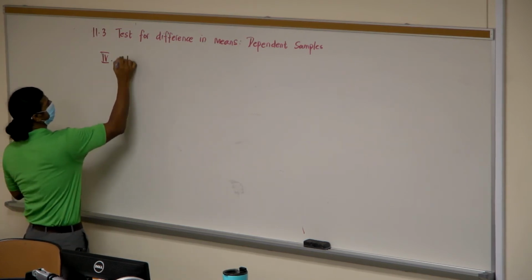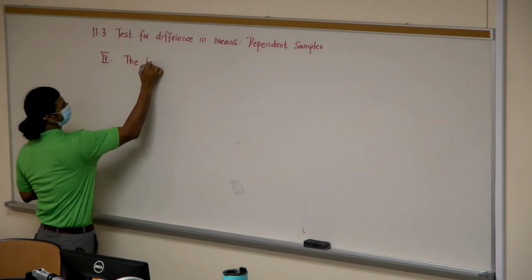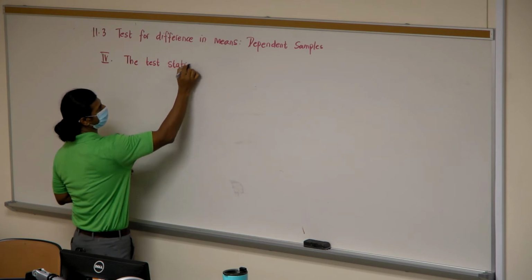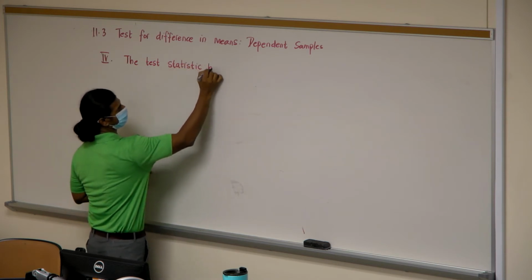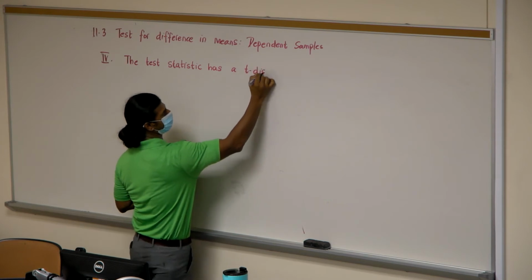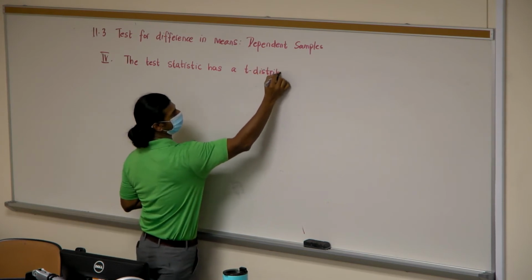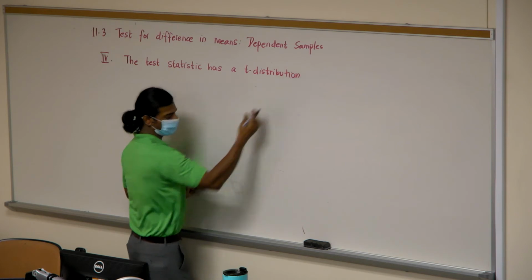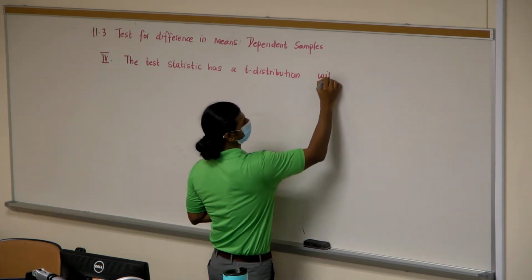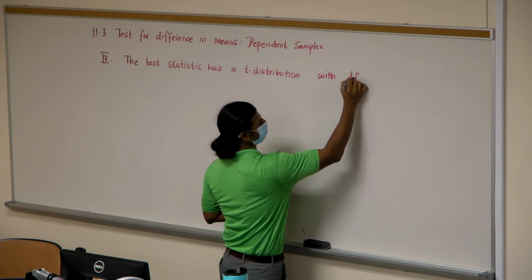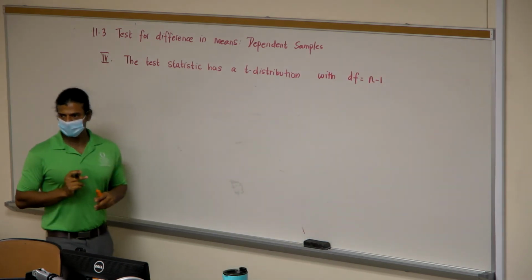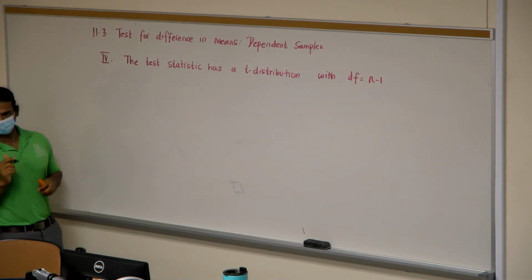So here, the test statistic has a t-distribution with degrees of freedom n-1.